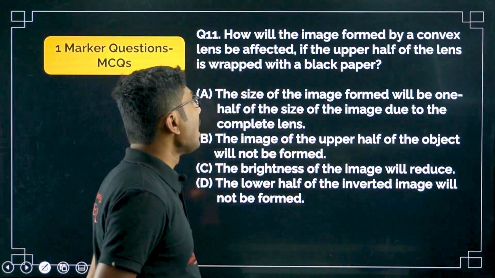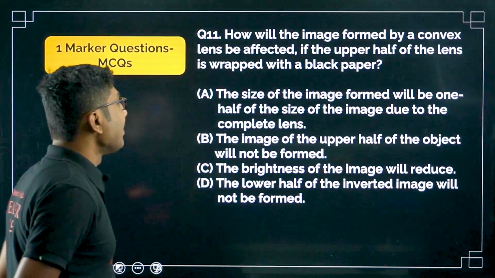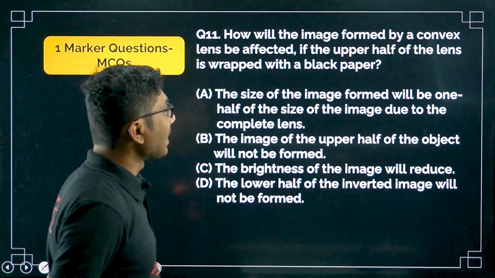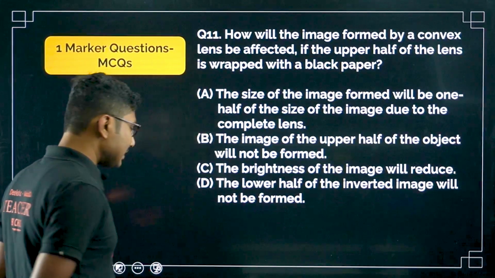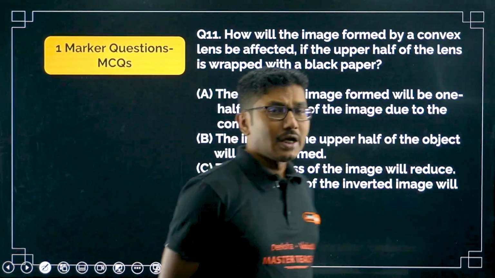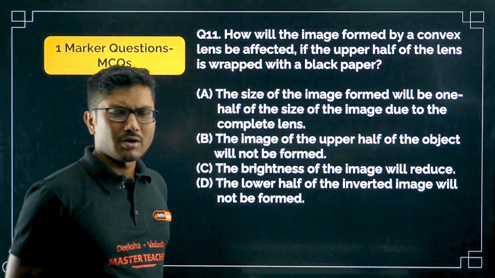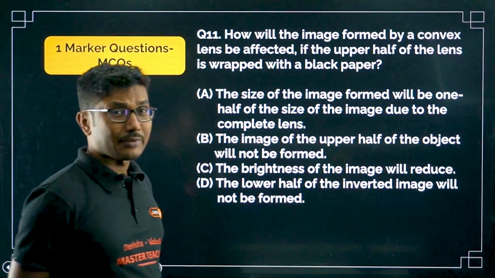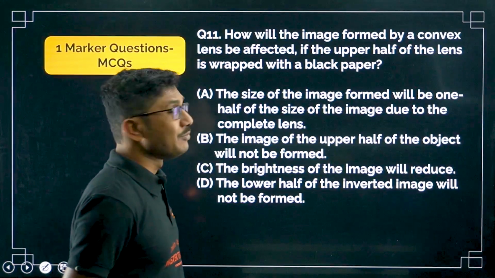That is MCQ. How will the image formed by a convex lens be affected if the upper half of the lens is wrapped with a black paper? We answered a similar question in our previous sample paper, but that was a longer answer type question. Now they have asked the same question in the MCQ section.